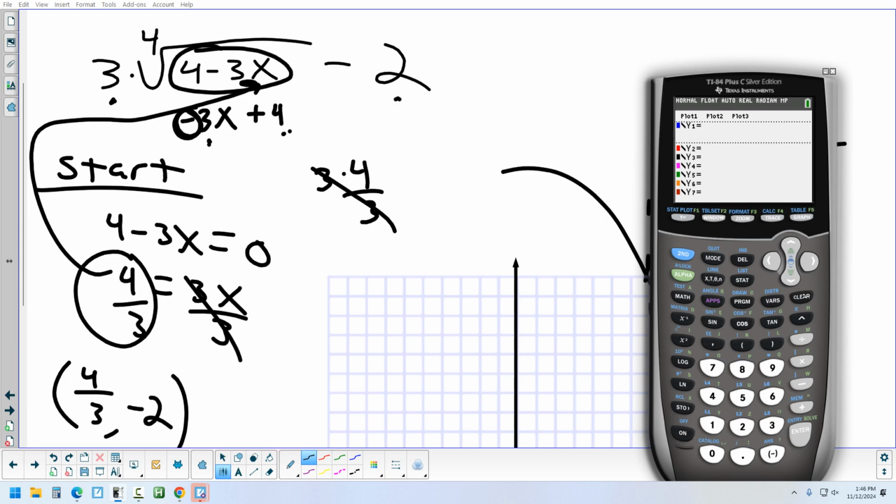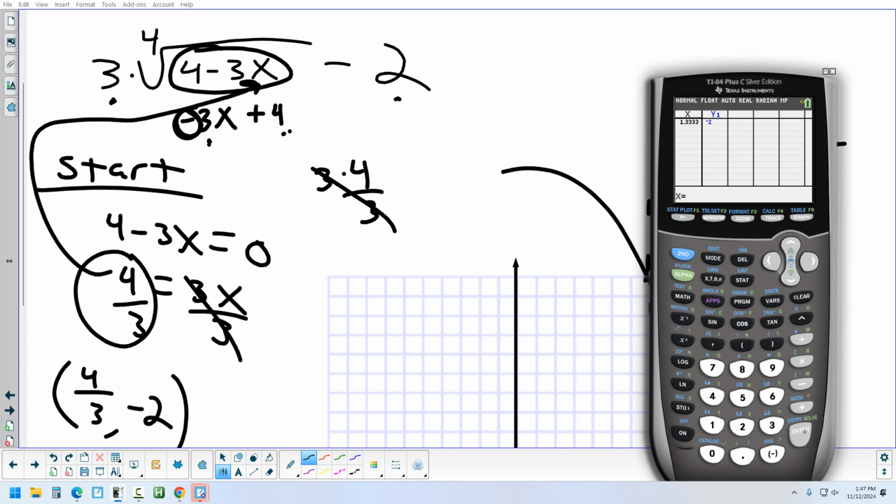You got to do 3, then press times, then 4. Then you can do the 5th option down, and that's your 4th root. It takes a little practice to get that typed in right. Let's check 4 thirds. When I put in 4 thirds, what should I get for y?